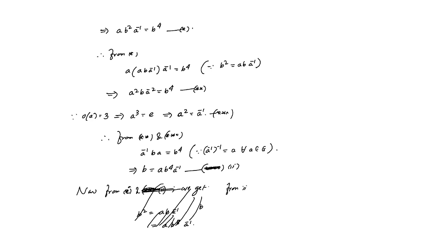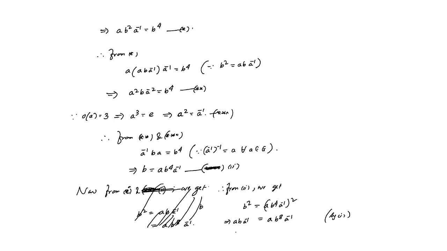Now from 2, what we get? B square equals A B to the power 4 A inverse, and B square means A B A inverse, this is by 1, and that we can write as A B to the power 8 A inverse.